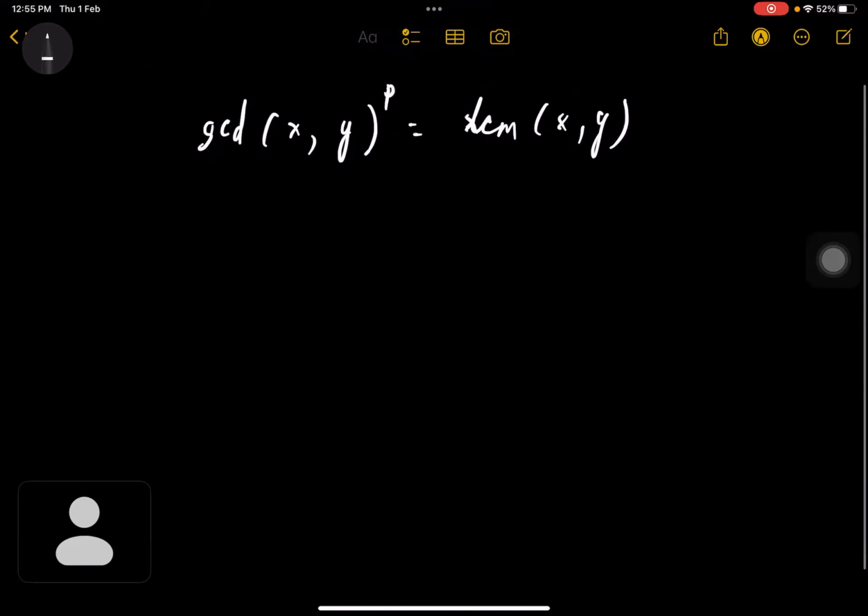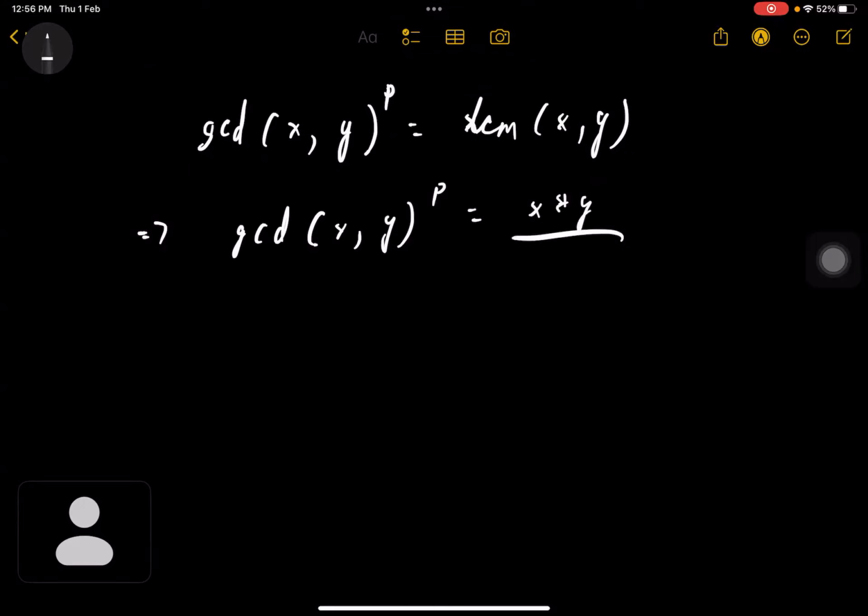Considering p as some varying number, let's reformulate this. We know that we can write LCM as x into y divided by GCD of (x, y).